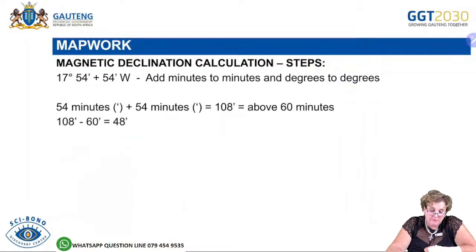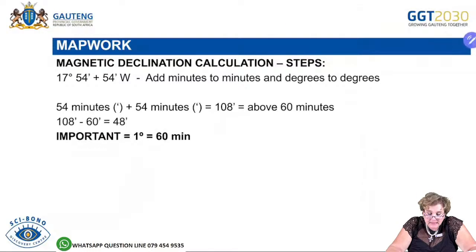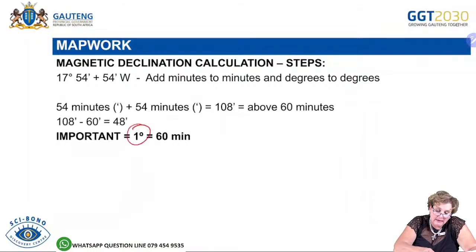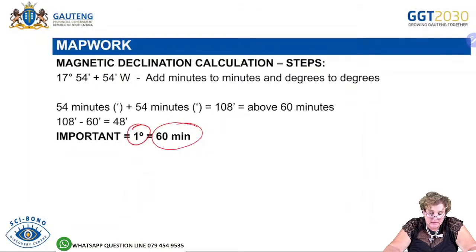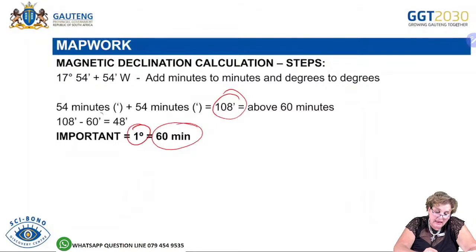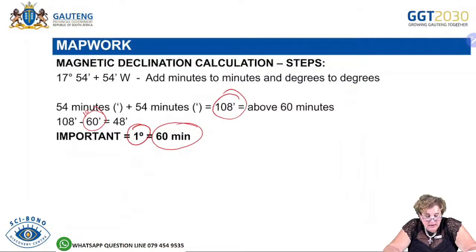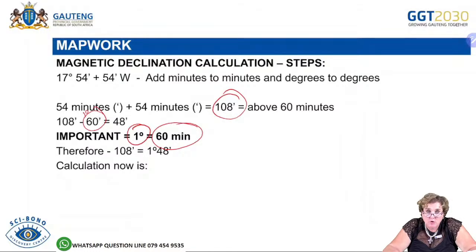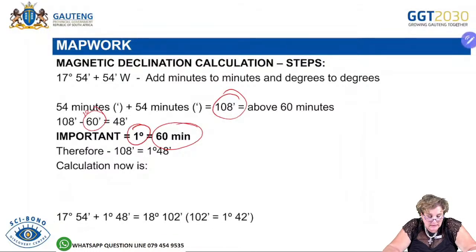So 54 minutes plus 54 minutes is 108 minutes. Now, that 108 is above 60 minutes. What you need to remember is that 1 degree equals 60 minutes. That means I take that 108 and subtract 60 minutes, which is 1 degree, and I will get 48 minutes. Therefore, 108 minutes equals 1 degree 48 minutes.